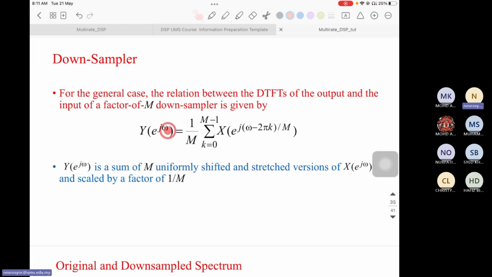Now this Y of e^j omega is the sum of M uniformly shifted and stretched versions of X of e^j omega. Y of e^j omega is basically the downsampled output of X of e^j omega by M, downsampling by M, and it is scaled by the factor 1 by M. In general we can write it like this.